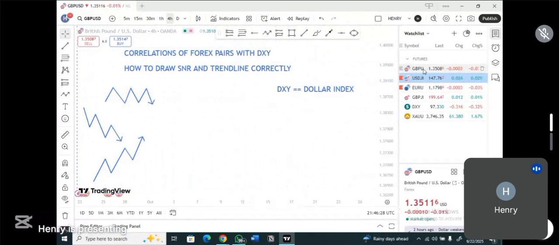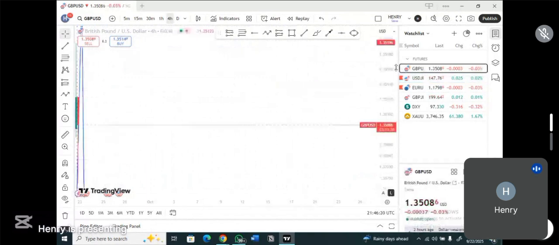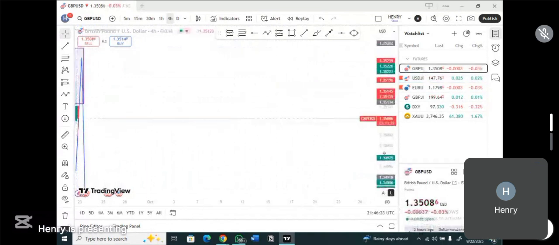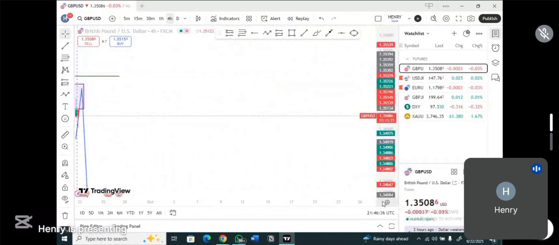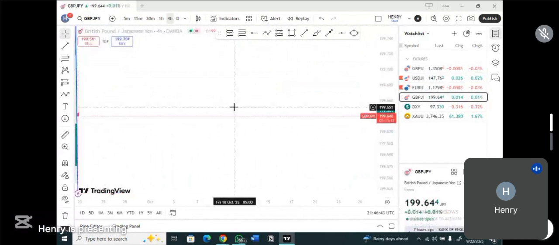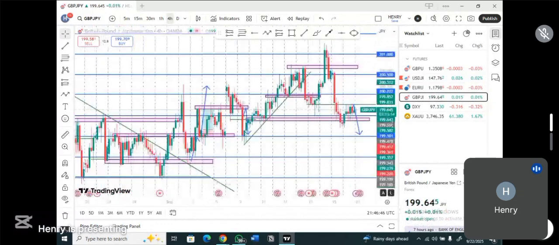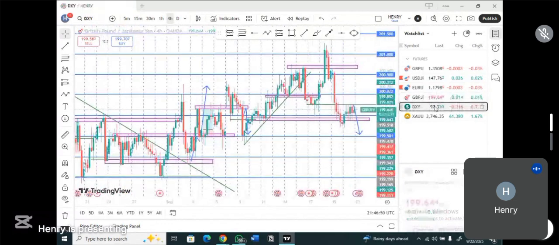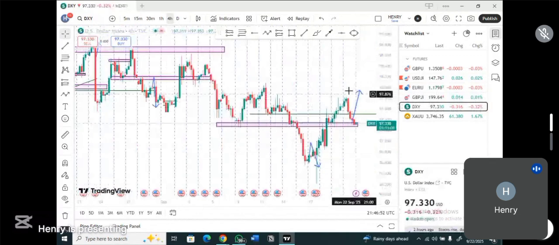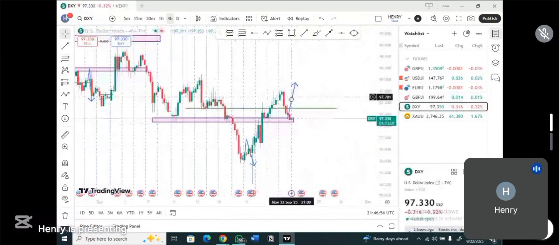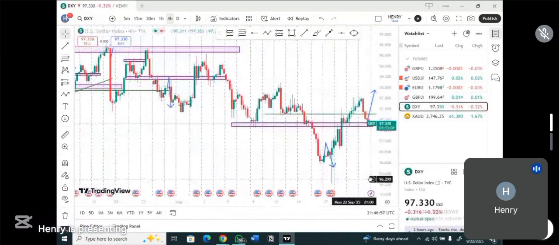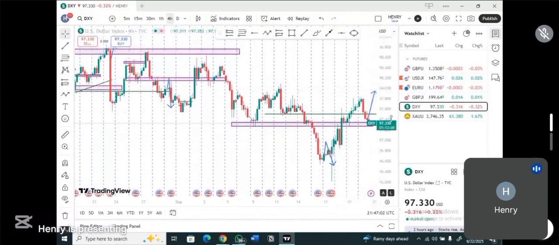You see how we see GBP USD. What is GBP USD? It is a Forex pair, pairing two currencies. GBP JPY is also a Forex pair, pairing two currencies. But DXY is just the index of the dollar. Anything happening on the dollar, you will see it on DXY.